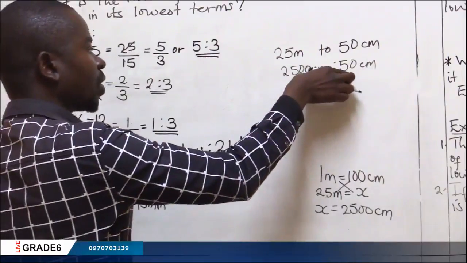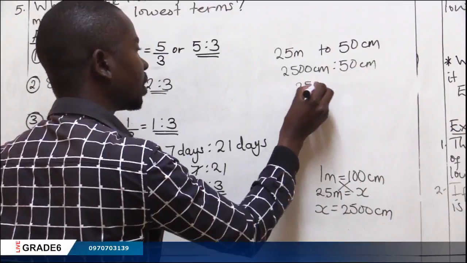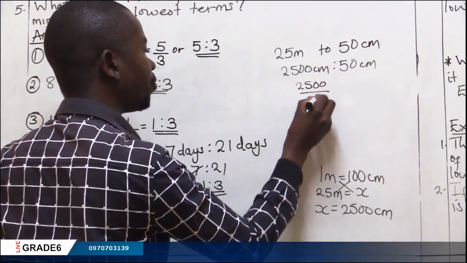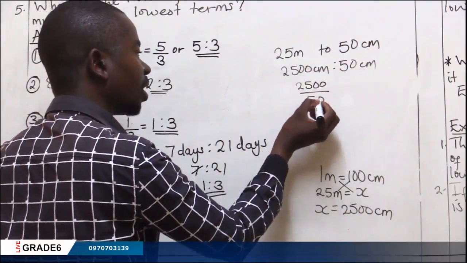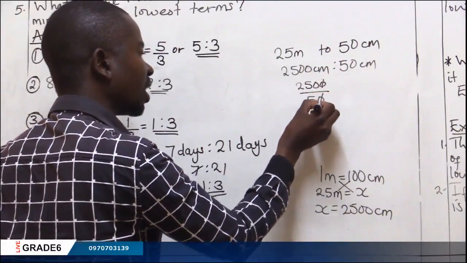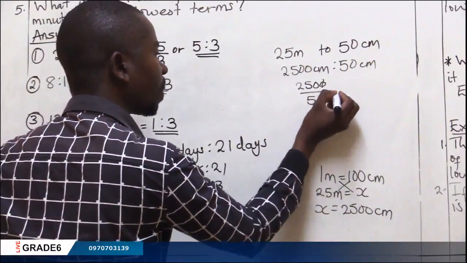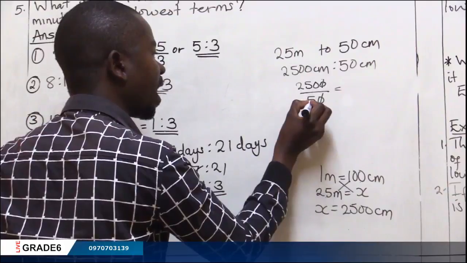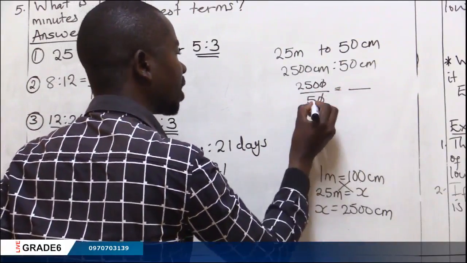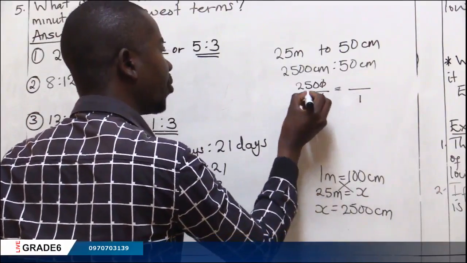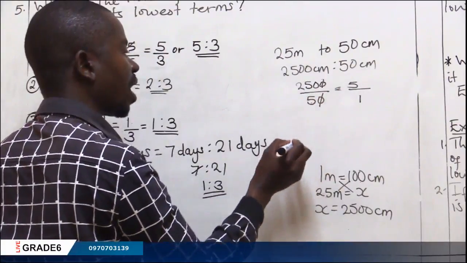Okay, so boys and girls, if you want, you can write this one as a fraction, which is 2,500 over 50. So you divide now. If you want, you can ask yourself, this 0 and that 0 can divide themselves. So how many times does 5 go in 25? 5 into 25, it's 5.